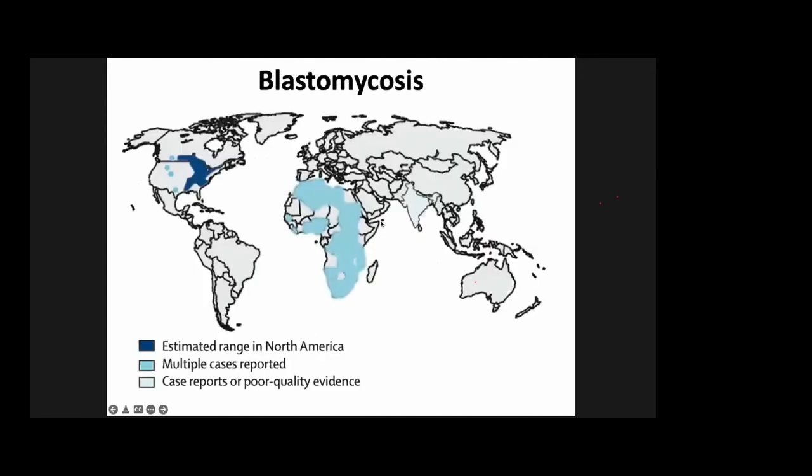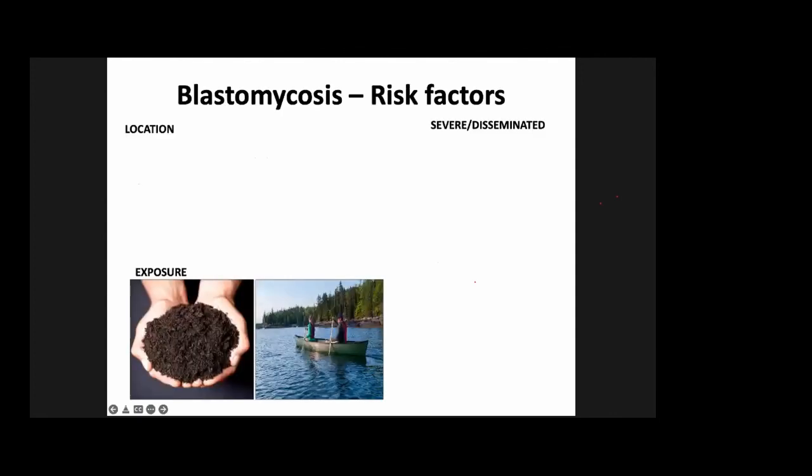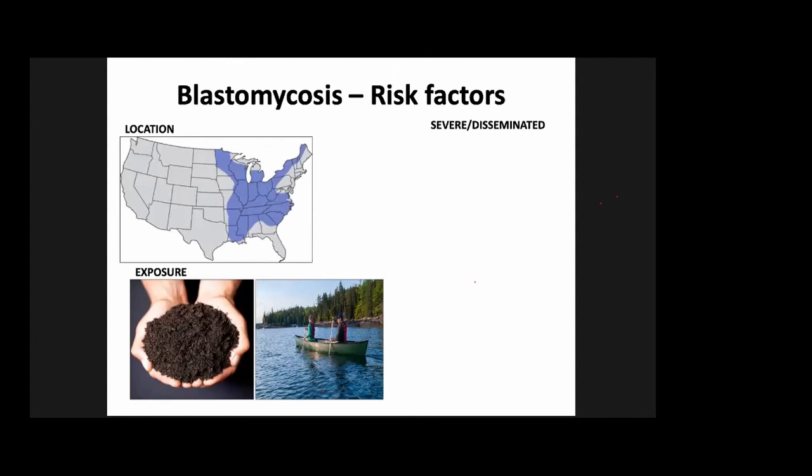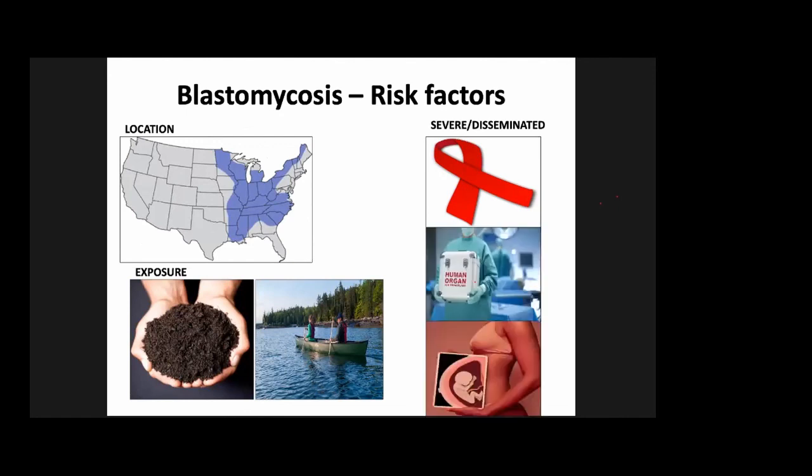This is also a global condition, mainly in North America and the southern areas of the African continent. Regarding risk factors for blasto, soil or water exposure, and you need to be in the appropriate location. Severe or disseminated conditions occur in patients living with HIV, solid organ transplant recipients, or pregnant females.